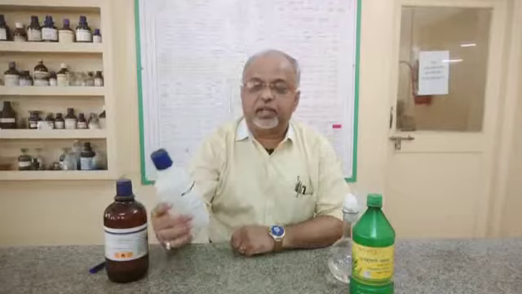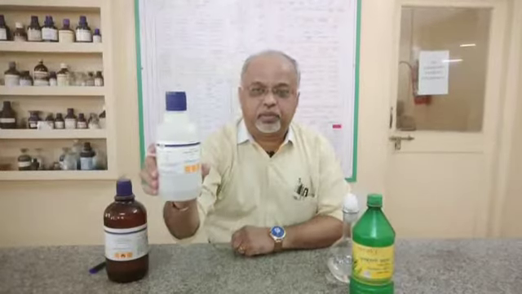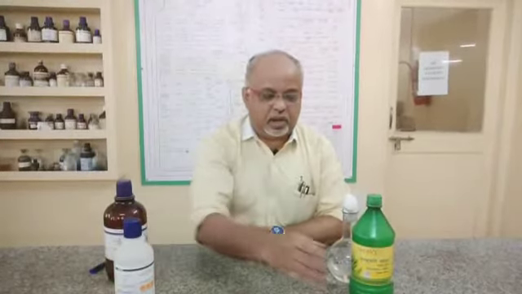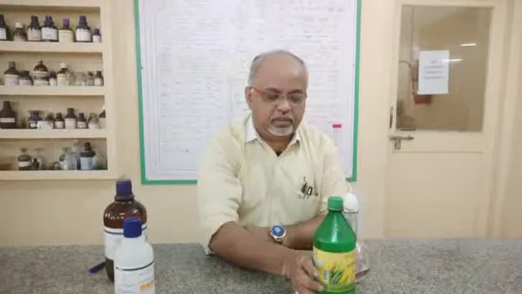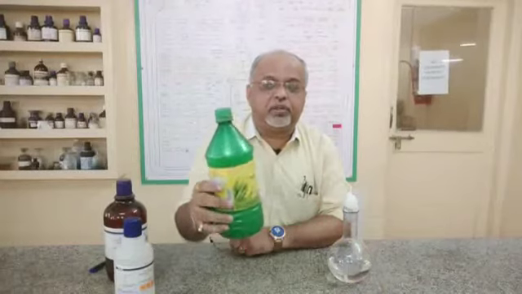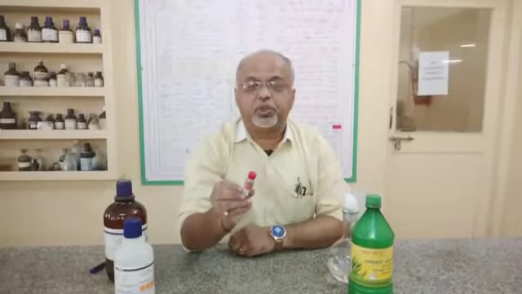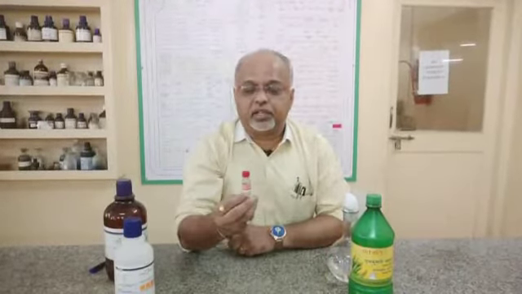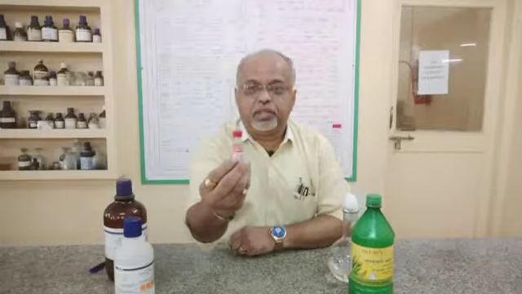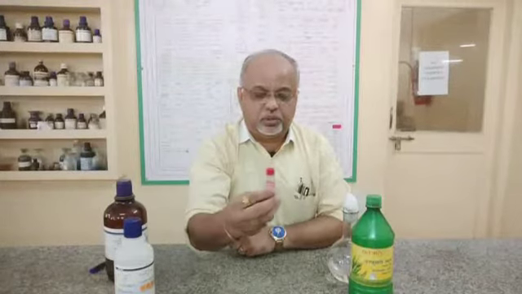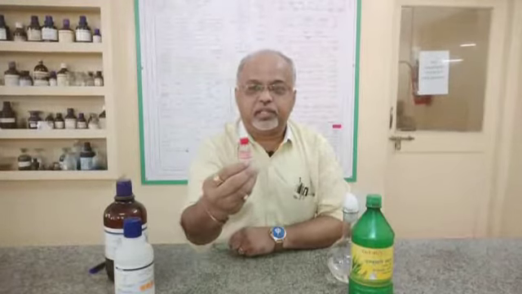Simultaneously, you will also require glycerol and another ingredient called aloe vera gel. And to give fragrance to the sanitizer, you should have some essential oil. So I have with me this eucalyptus oil.